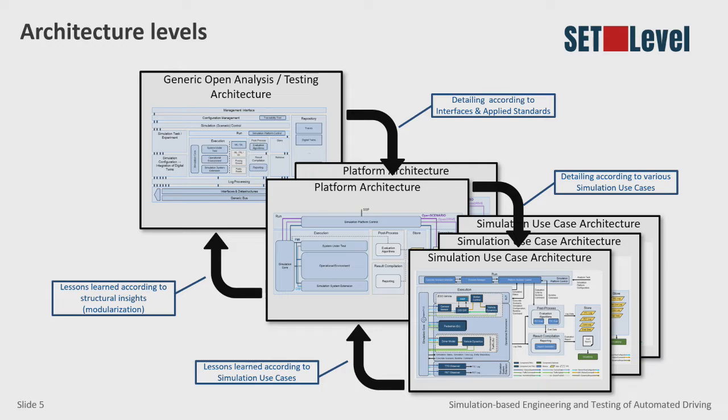Then we do the loop back, learn from that, and feed it back into the higher levels of architecture design. Throughout the course of the project, we did a few iterations through these different levels, and what I will present here is the result we came up with in the end.